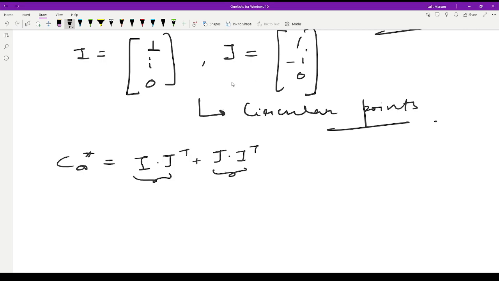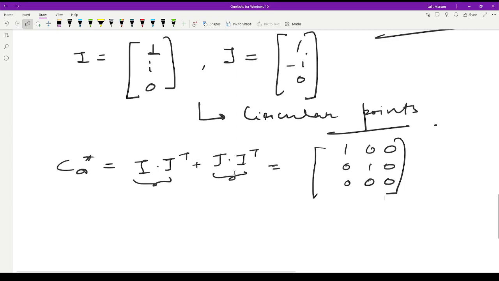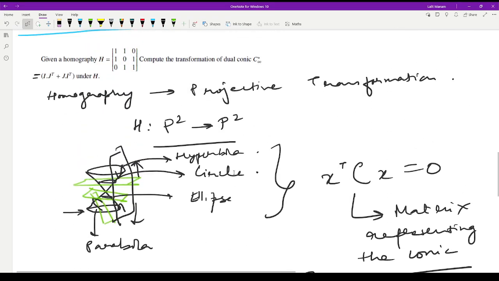So these lie on the line at infinity. If we try to solve this, which is also given in the class, it turns out that the first two rows are the rows of the identity, and the third row is 0. Fine. So this is C infinity star.